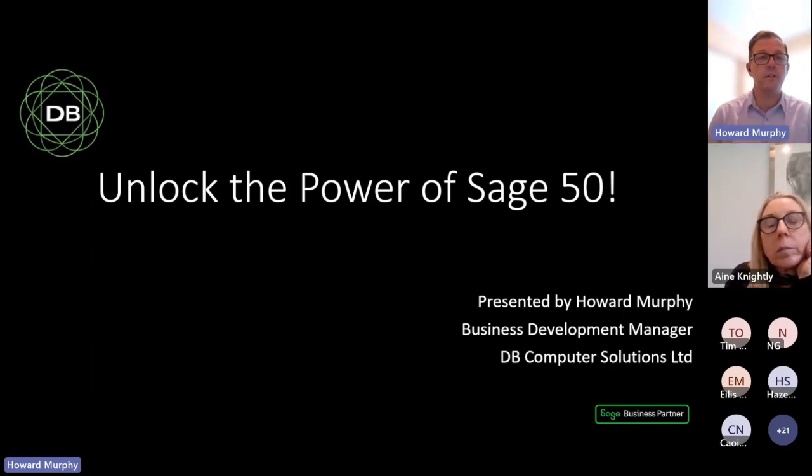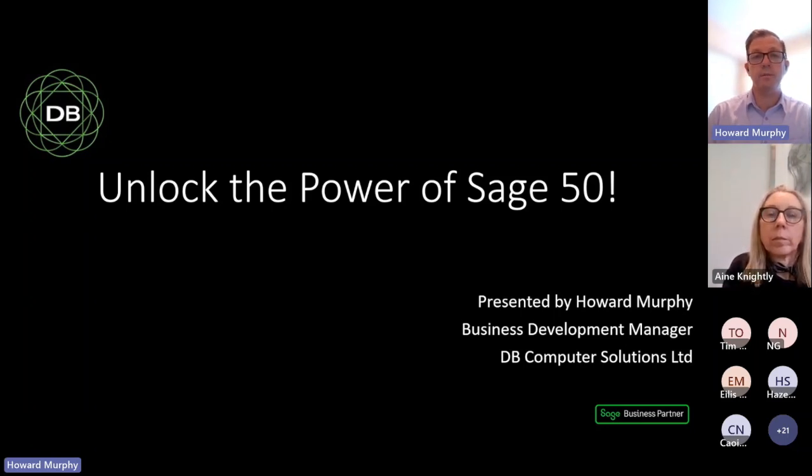For those that don't know us, DB Computer Solutions are an accredited business partner for Sage Ireland, who provide solutions covering Sage's portfolio of software, including some of our own modifications, and through some of our other accredited developer partners. Sage 50, alongside Sage 200, is one of Sage's flagship packages.